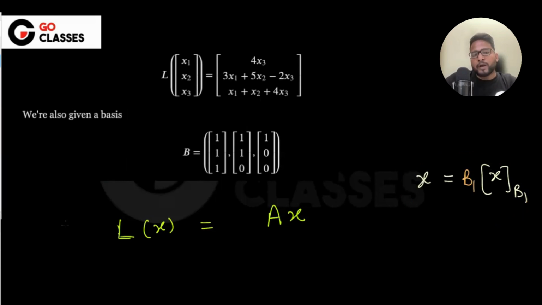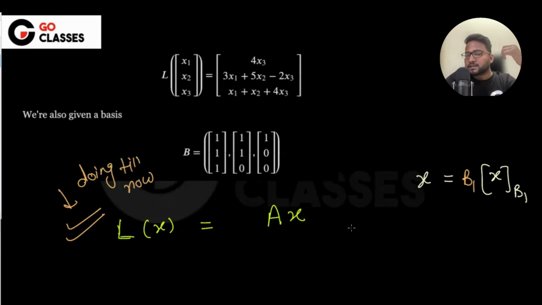This is what we have been doing till now, right? But here they are asking something else. That is what we want to figure out. Here they are saying this is okay, there is nothing wrong with this, but we want something else. Let's just see what they want. So for now, you just substitute this x with b1 times x of b1.